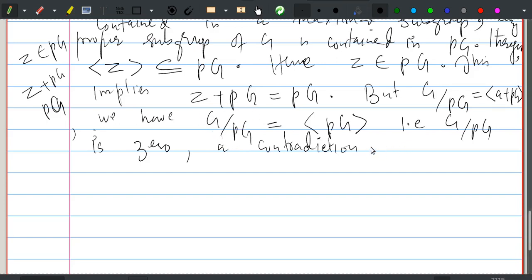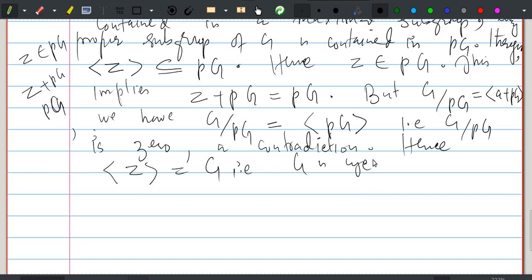It's a contradiction. Hence this Z is not properly contained, but this Z is actually equal to G, as this Z is a maximal subgroup of G, i.e. G is cyclic. So this proves this theorem.